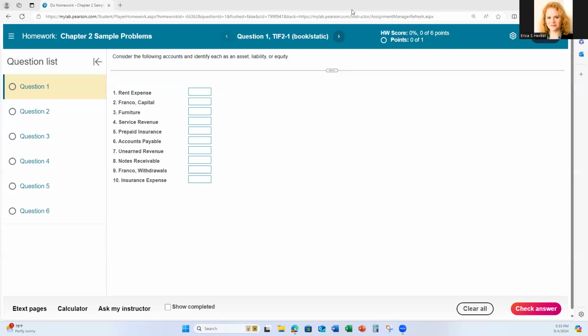And that is how to recognize the different types of accounts that we might be seeing when we are recording transactions. All right, so we have our accounting equation, assets equals liabilities plus equity. And under equity, there are some subsections that we learned about in Chapter 1.